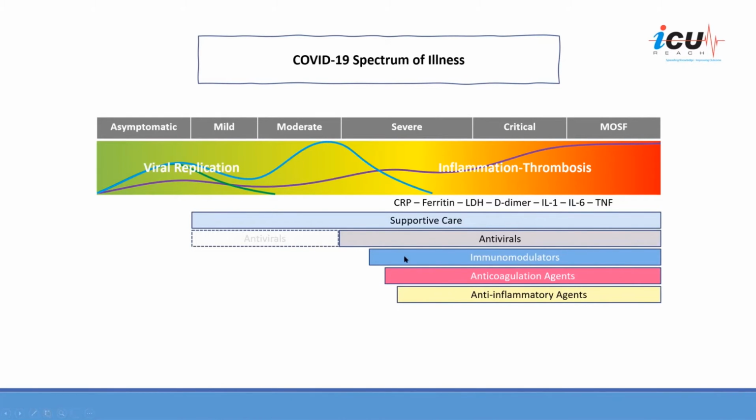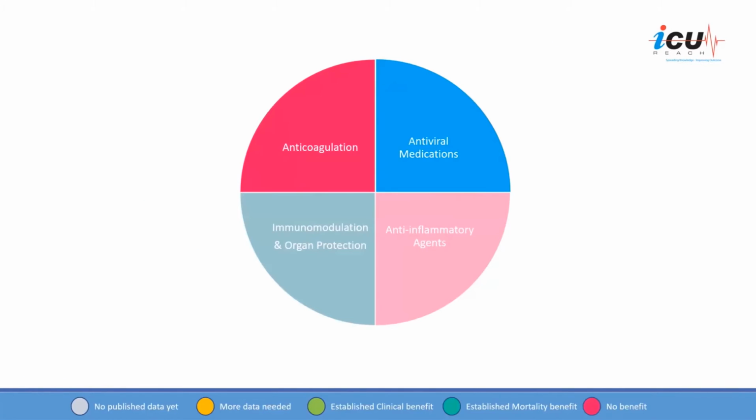But the immunomodulators, I thought should be started at an earlier stage than the anti-inflammatory agents, if we get any studies to support the use of immunomodulators. So we need more knowledge, more studies, in order to define exactly who are the patients who are going to benefit from the anti-inflammatory agents versus anticoagulation.